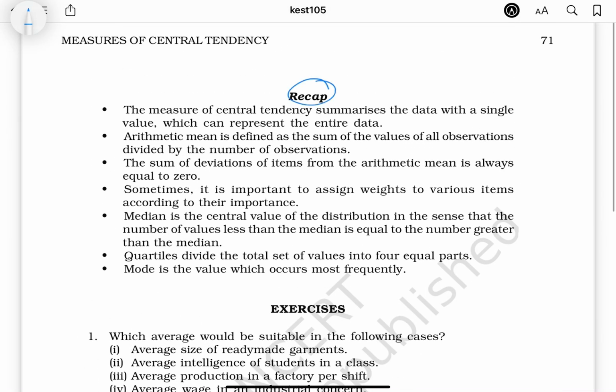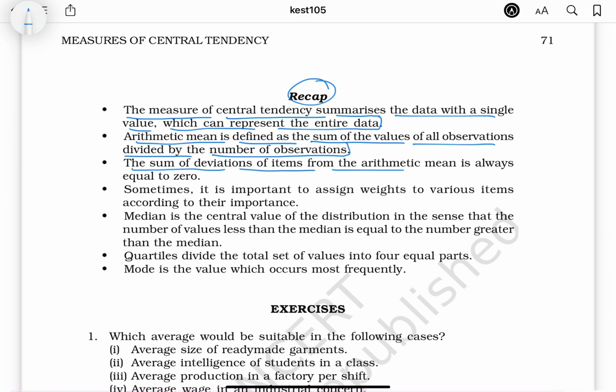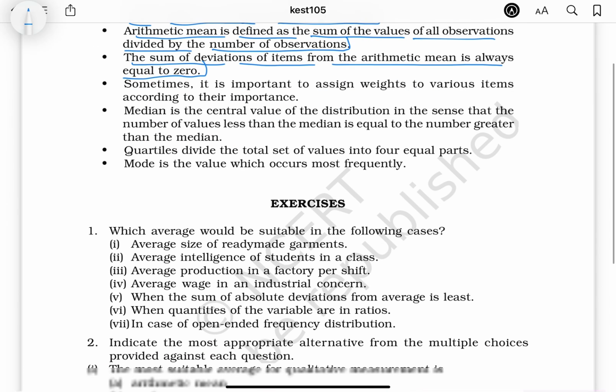Now we come to the recap. The measure of central tendency summarizes the data with a single value which can represent the entire data. Arithmetic mean is defined as the sum of the values of all observations divided by the number of observations. The sum of deviations of items from the arithmetic mean is always equal to 0.